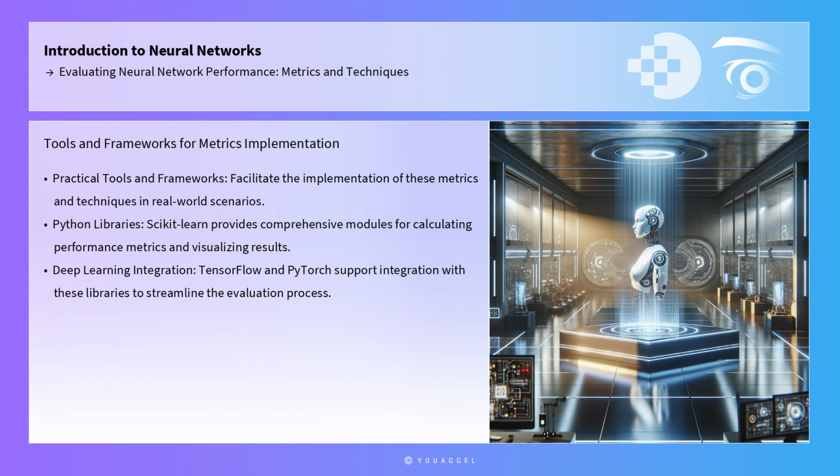For instance, using scikit-learn, one can easily compute an array of classification metrics with functions like classification_report or roc_auc_score. These tools not only simplify the computation of metrics, but also allow for quick comparisons between different models or iterations of a model, enabling data scientists to make informed decisions.